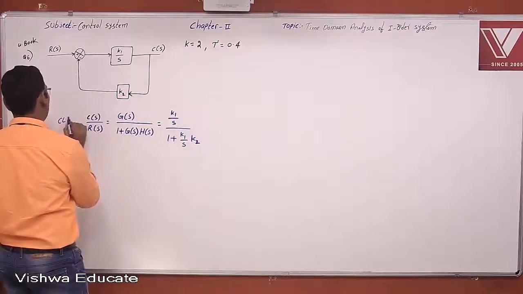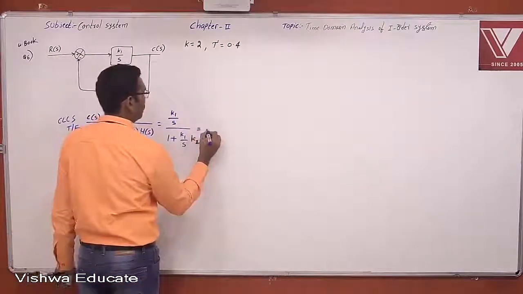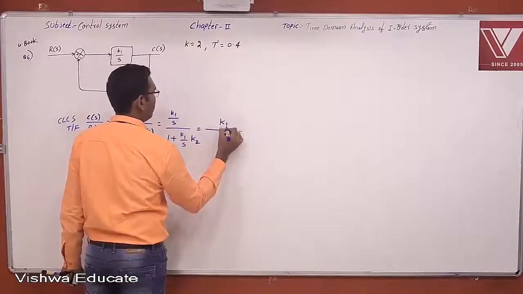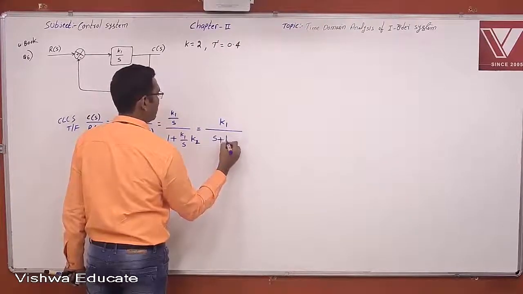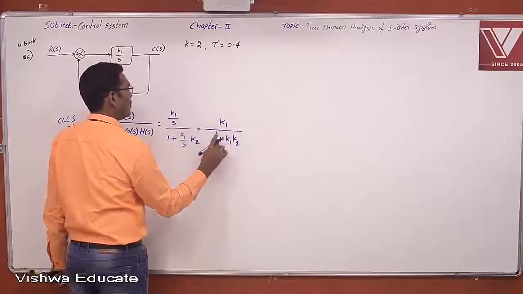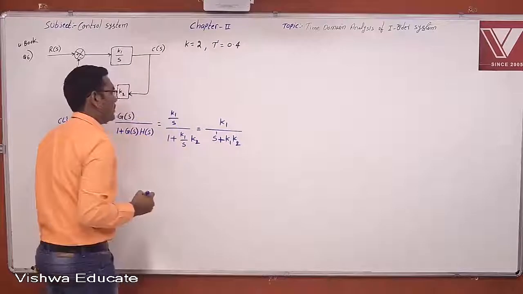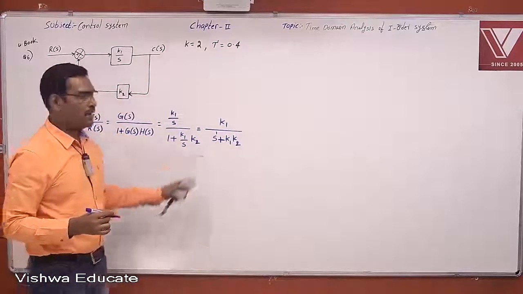This is the closed loop control system transfer function, which is equal to K1 by S plus K1 K2. This is the first order closed loop control system transfer function.